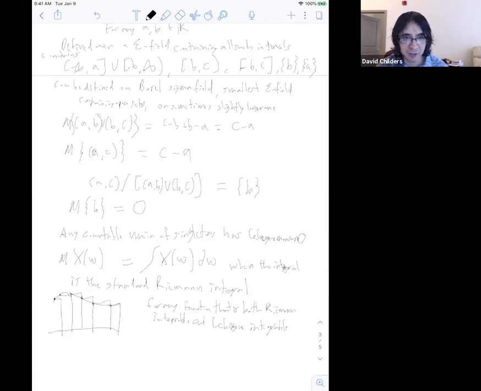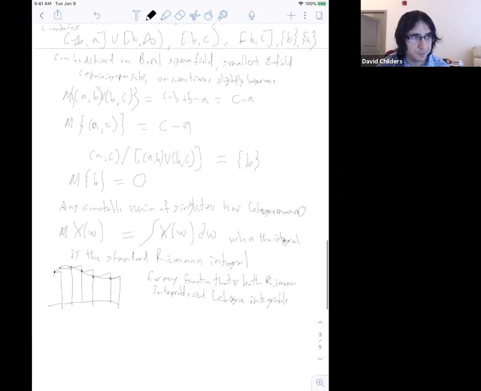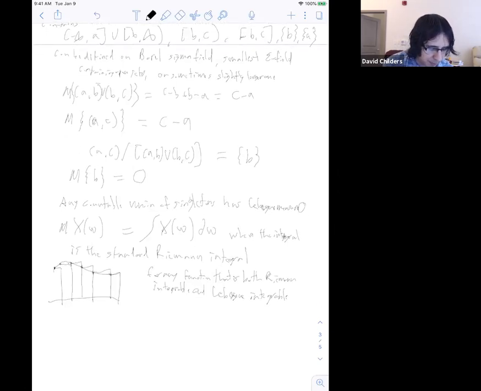And so any of those rules that you learned for integrals in your basic calculus class still apply. The thing that the Lebesgue integral lets you do is consider a function that is continuous except at a single point.